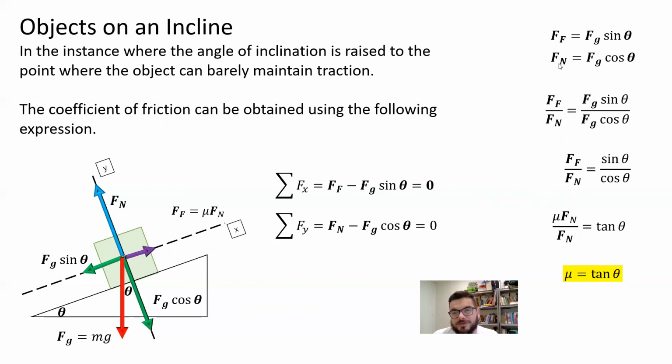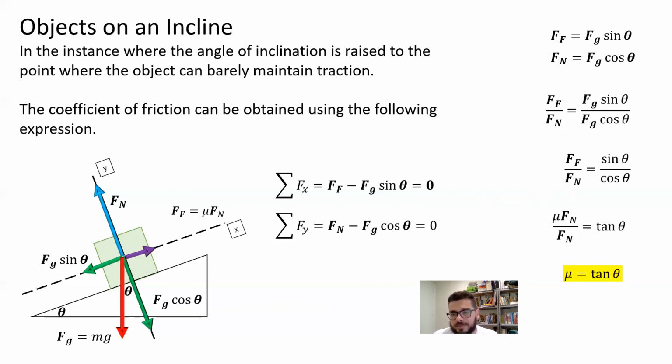So what I can do now is, because these equations are related, I could go two ways about it. I could rearrange one of them and substitute them into one another, or I can divide the two equations by each other.